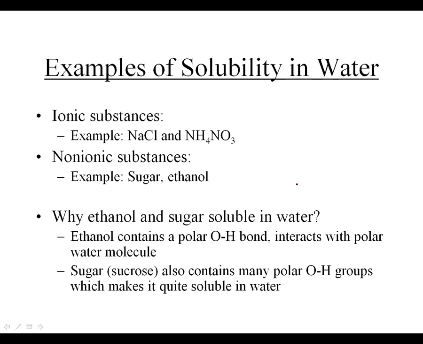So let's talk about some examples of things that are soluble in water. In water, which is polar, anything that's ionic will be soluble. So if you take something like sodium chloride, or something like ammonium nitrate, which are ionic compounds, they will be very soluble in water. What happens is a type of intermolecular force, which is sometimes called ion dipole interaction.